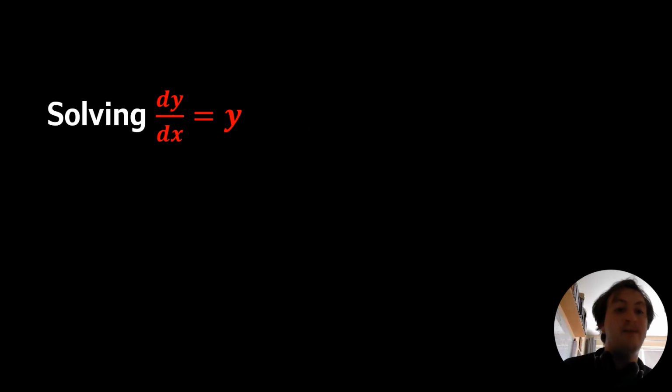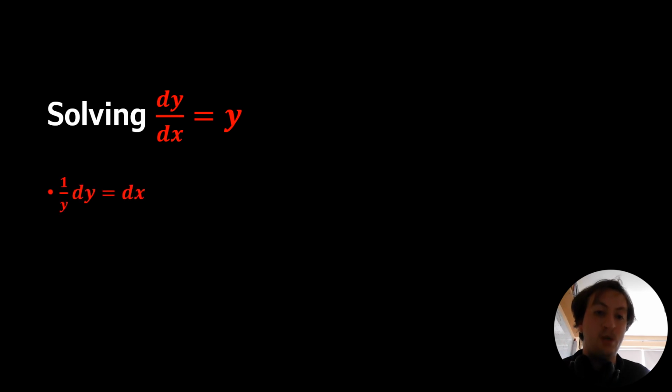So here we go about solving dy by dx is equal to y. So we firstly rearrange things a little. Now here I am slightly cheating. I'm acting as if dy by dx is a fraction, when in reality it's the result of acting a derivative operator on y.